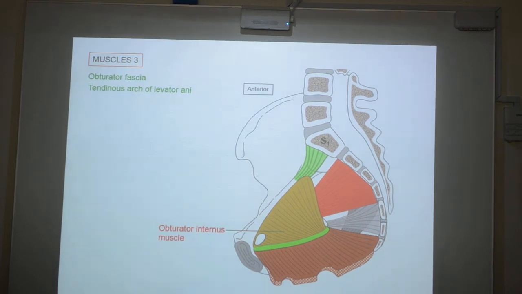Mylohyoid muscle: one coming from this half of the mandible, the other from the other half. They meet in the midline and make the oral diaphragm. We had one diaphragm within the cranial cavity, one abdominothoracic, one in the pelvis, one even below. So we have so many diaphragms in our body.